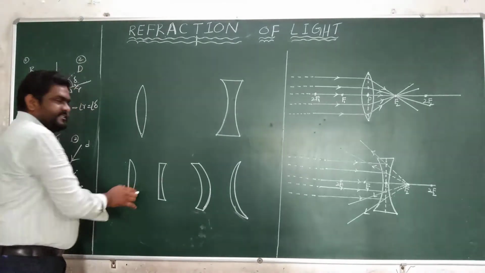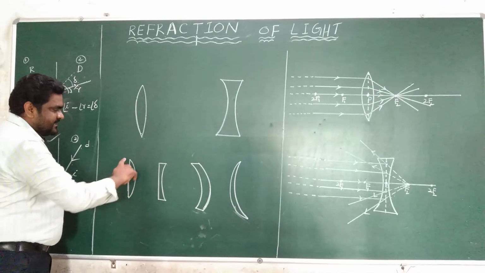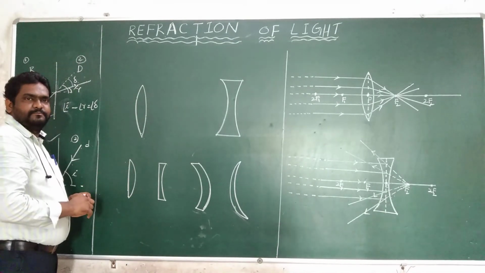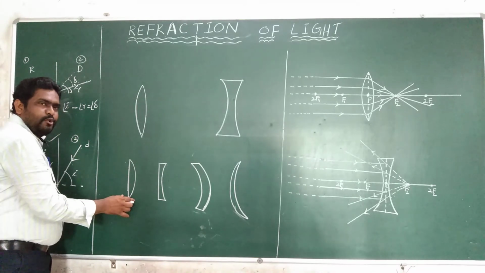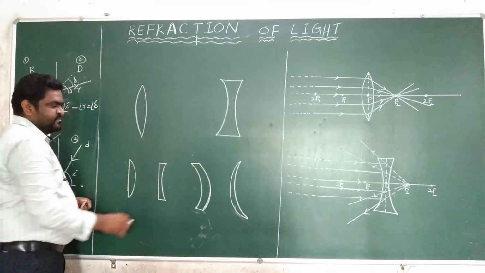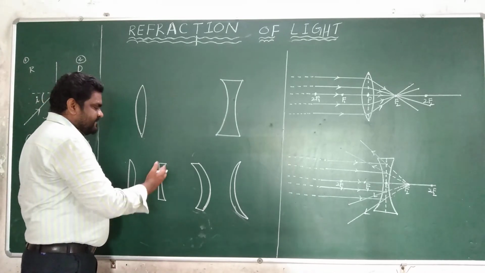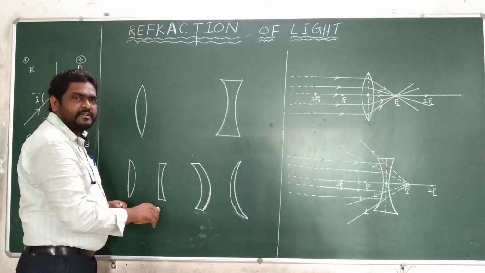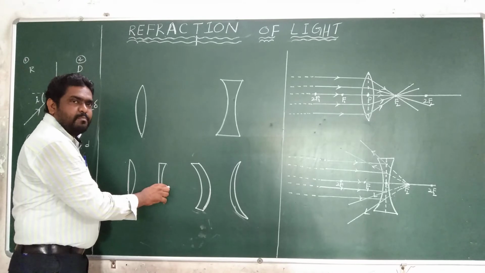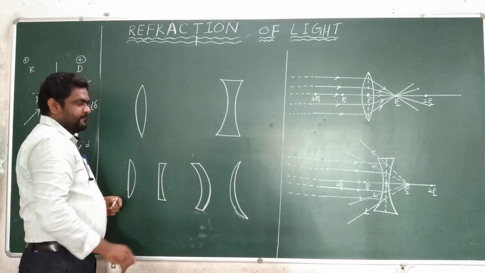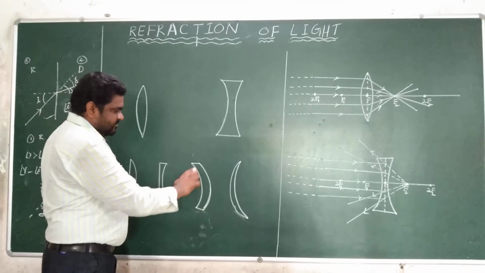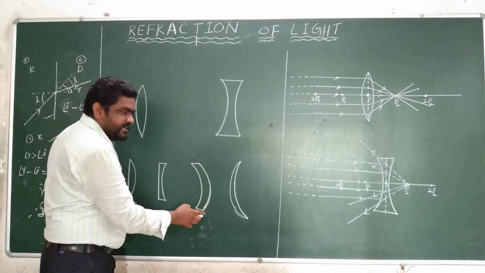See here, one is a plane surface, another one is a convex surface. That's why we call this the plano-convex lens. Here one surface is plane, and the refracting surface is a concave surface. That's why we call it a plano-concave lens. Here one is a convex surface, and one is a concave surface.